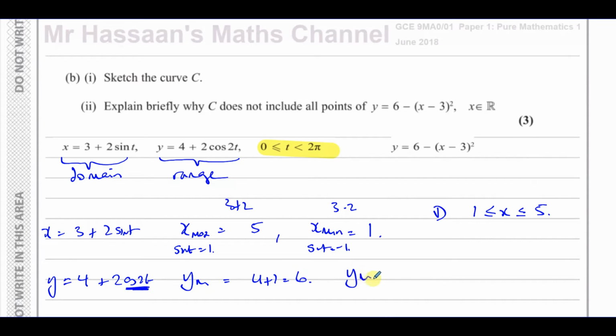And y minimum is going to be when this is minus 1, so 4 minus 2, which is going to be 2. So the range of our function is between 2 and 6. Okay, 2 and 6. So the y values range between 2 and 6. Okay, so that's the domain and range of our function.